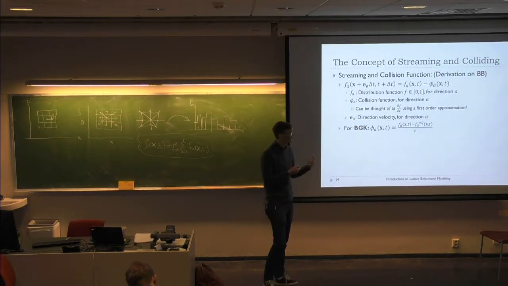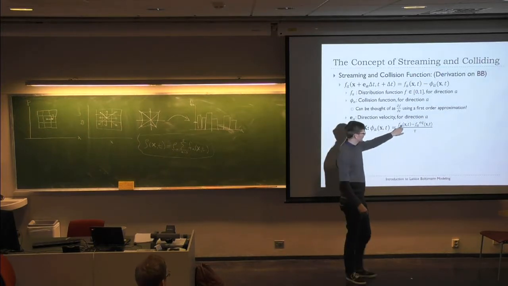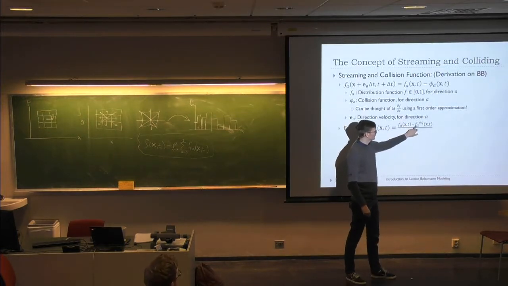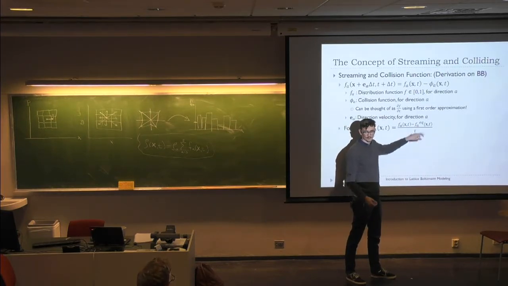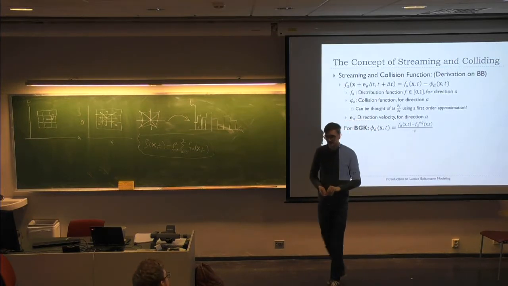We take the distribution at this time, subtract some value, which we have to calculate through some method, and divide by time, delta t.